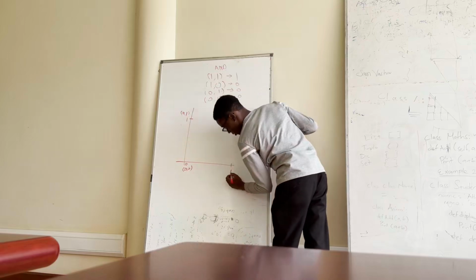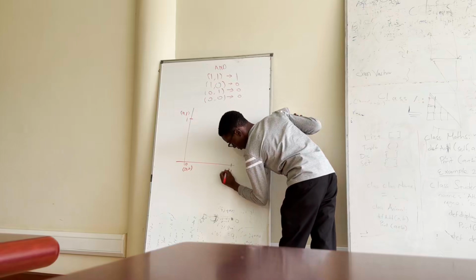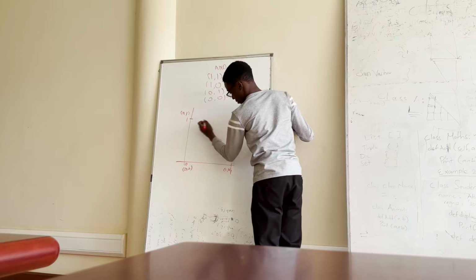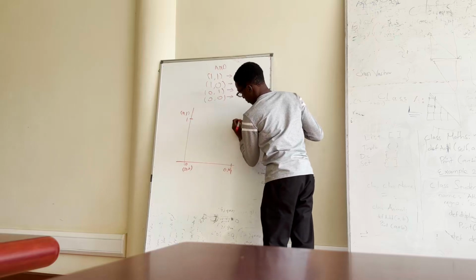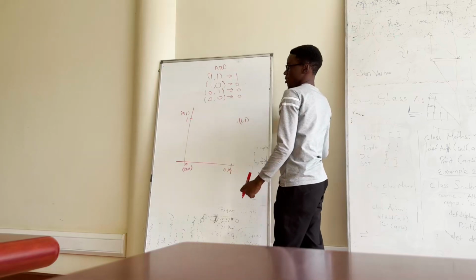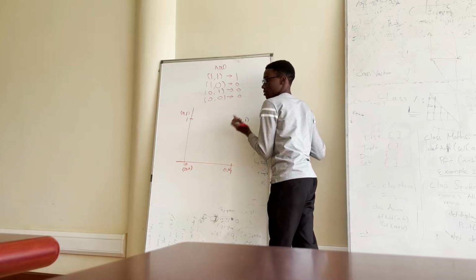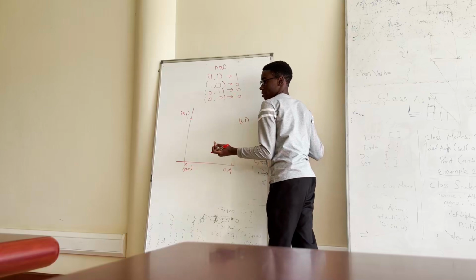Then 1, 0 is here. 1, 1 is around here. I can draw a straight line and separate those that return 0 and those that return 1.